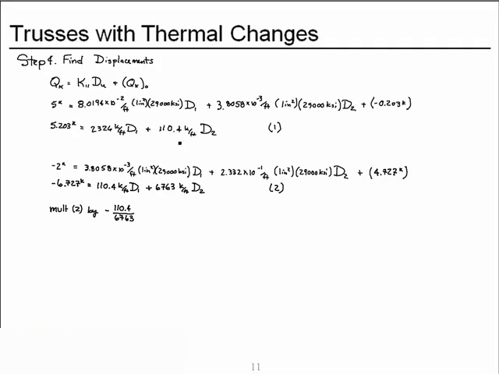That's this coefficient divided by this coefficient, and then a negative sign, all times this equation. Then we'll add that new version of equation 2 to equation 1. And what will happen is the terms for d2 will drop out.